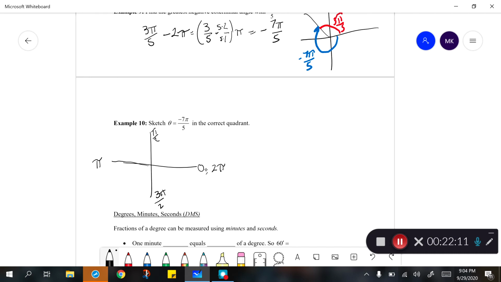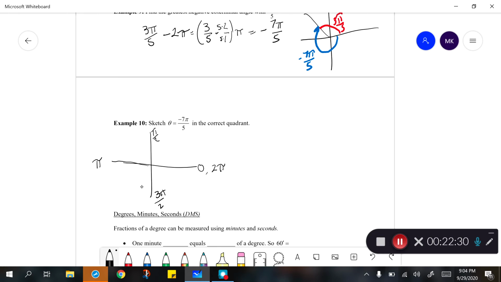When we're looking at negative 7 pi over 5, the way I think of this is, first, it's negative, so it just goes backwards. Then I look at 7 pi over 5. 7 is bigger than 5, which simply means this number is bigger than pi, so if it were positive, I'd be more than this.